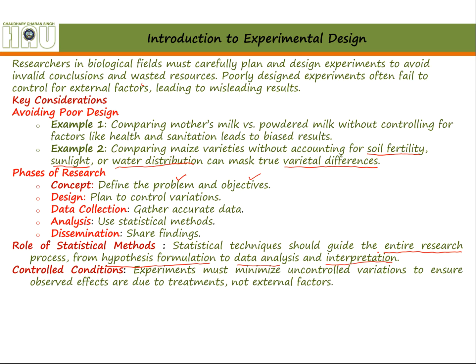So our main objective is to minimize the error which is beyond our control in order to get accurate results, or in order to show the effects are due to a particular treatment applied.